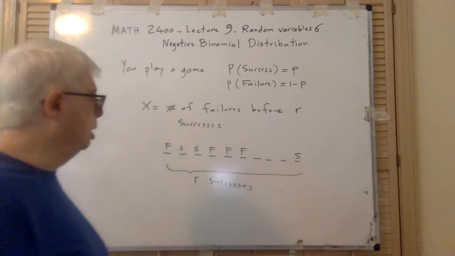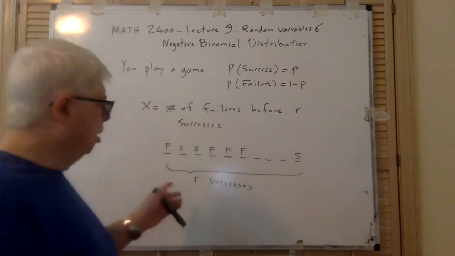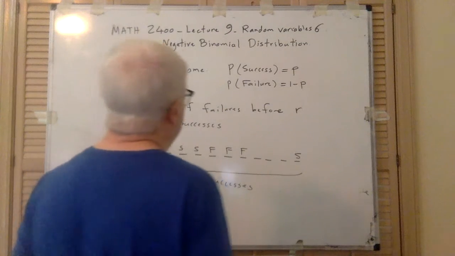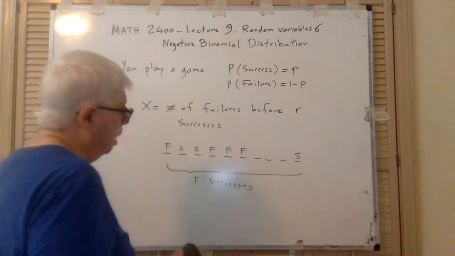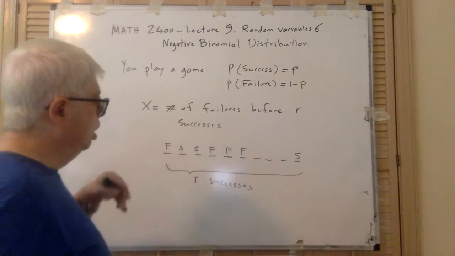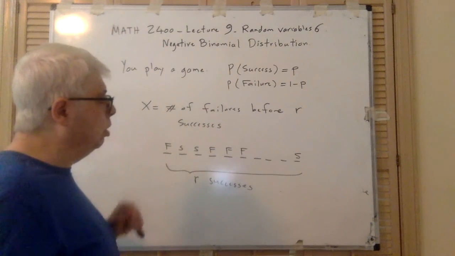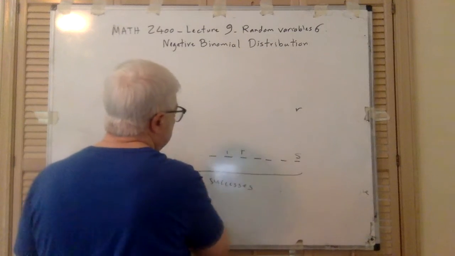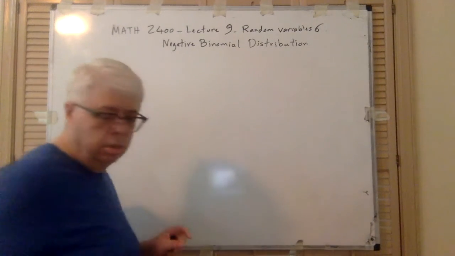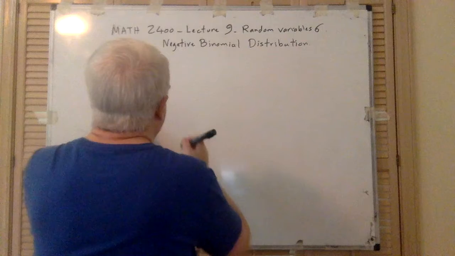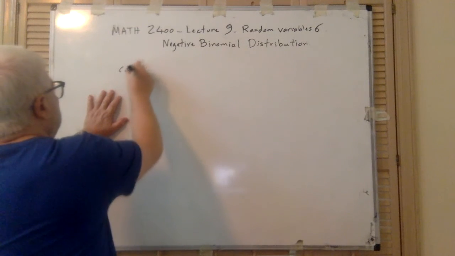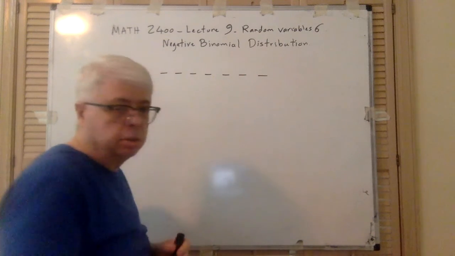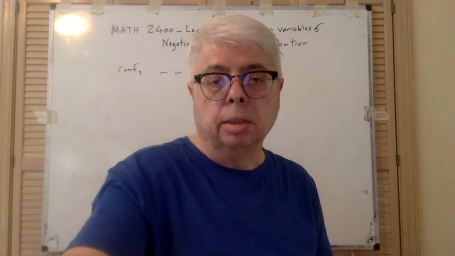Okay, let's see. This is like the binomial again. Like binomial, I can analyze this step by step. So let's say I have one configuration. Configuration number 1 will be, I don't know, something.